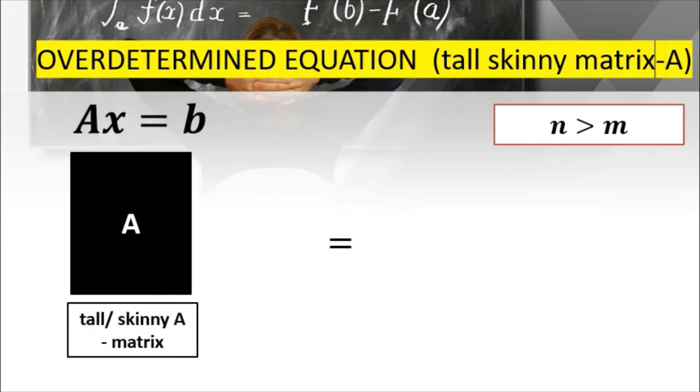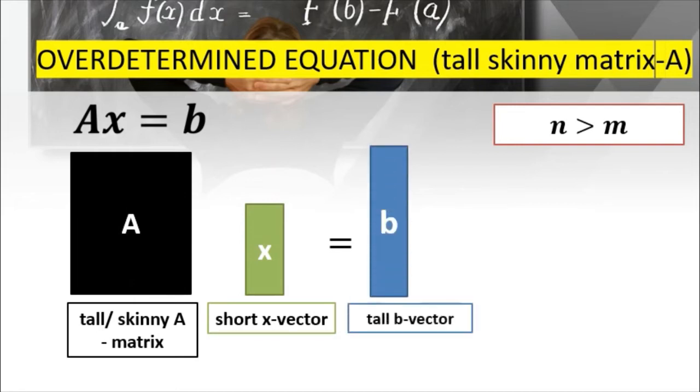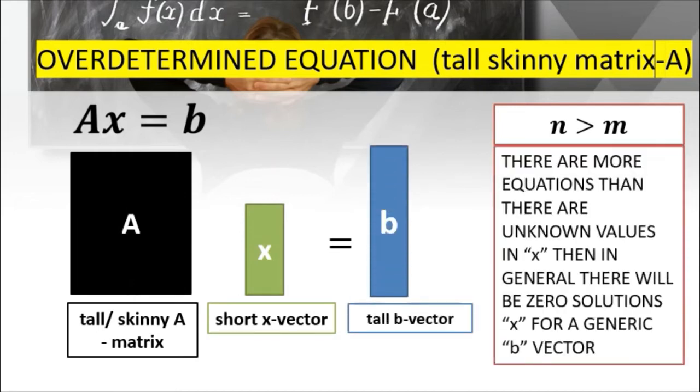We have the tall, skinny A matrix, multiplied by the short x vector, equal to the tall B vector. In this case, there are more equations than there are unknown values in x. Then, in general, there will be 0 solutions of x for a generic B vector, because there are not enough degrees of freedom in x to fit all of these equations.